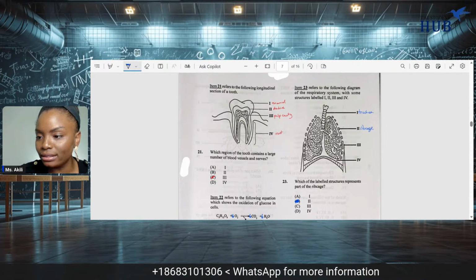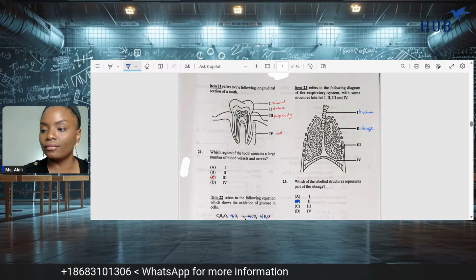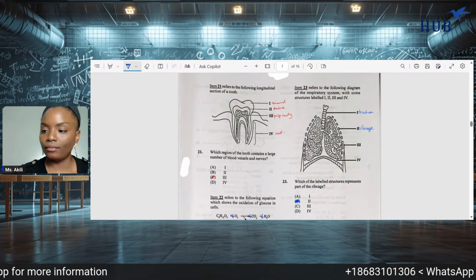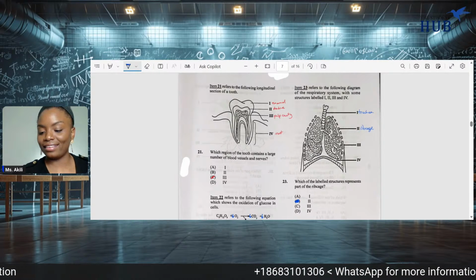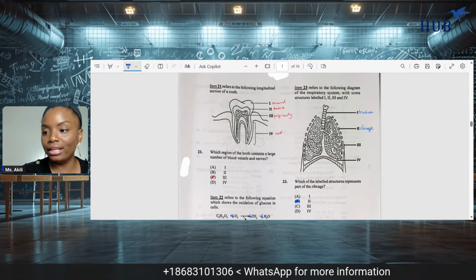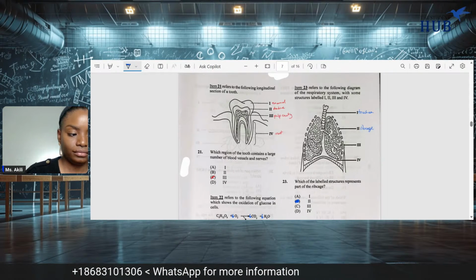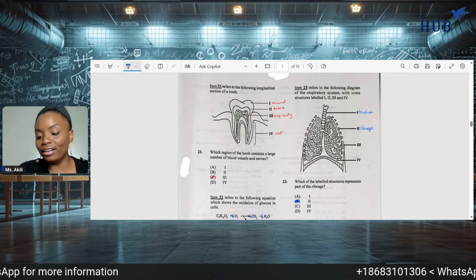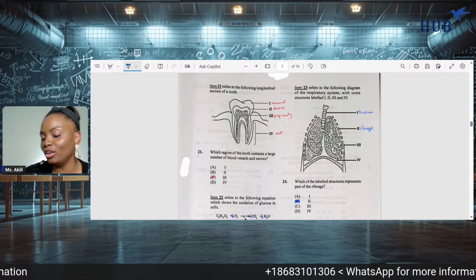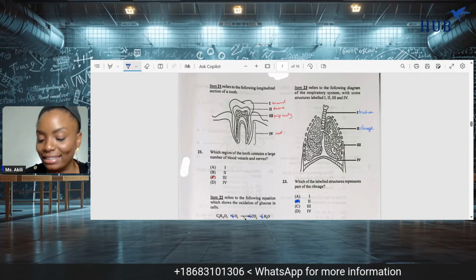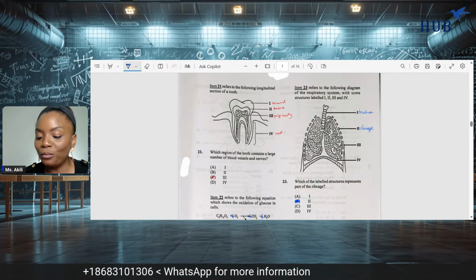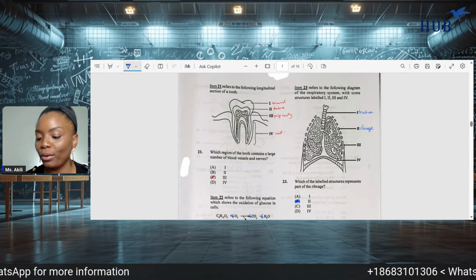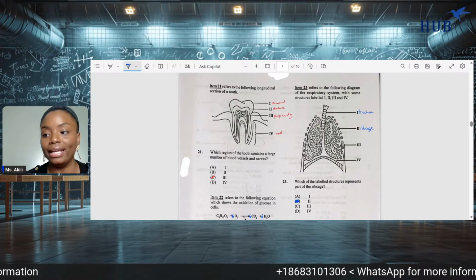3 is pointing to what? Now, to be honest, I would have preferred if they were more particular with where the label lines were ending. But from what it looks like to me, I wouldn't say bronchioles per se, but I feel like it's pointing to the very end of it, which would be the alveoli.